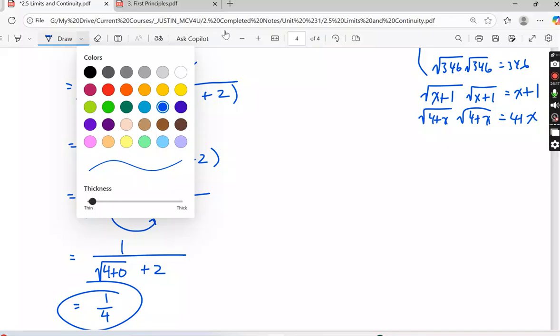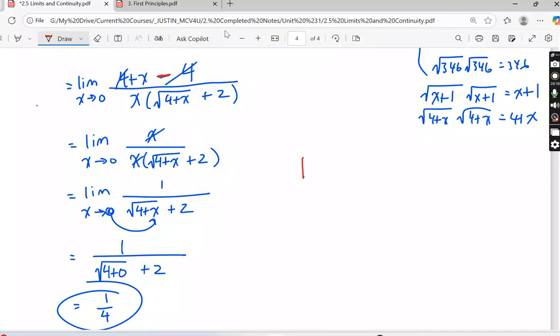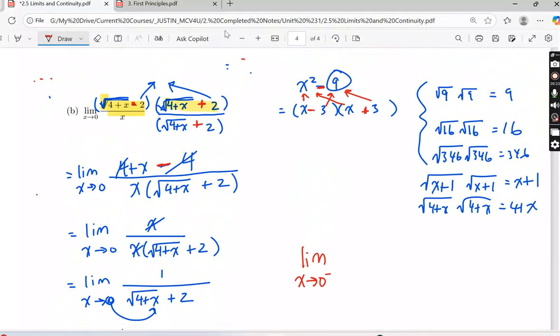I like to be extra careful and check my work, so I'm going to check the limit as x approaches 0 from the left of, I can just check the original, square root of 4 plus x minus 2 over x.